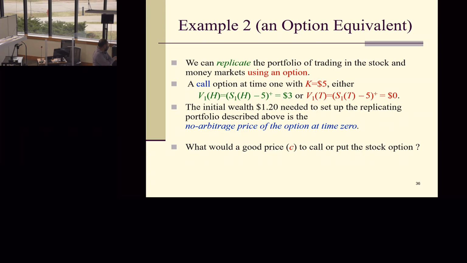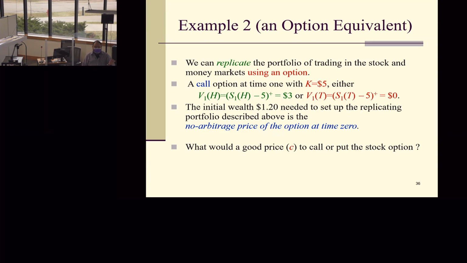Minus $5, well, I will have $3. Everybody okay? If the stock price went down to what? $2. $2 minus 5, I'm only taking the positive portion, meaning I'm not going to exercise that option. So I end up with $0. Make sense?